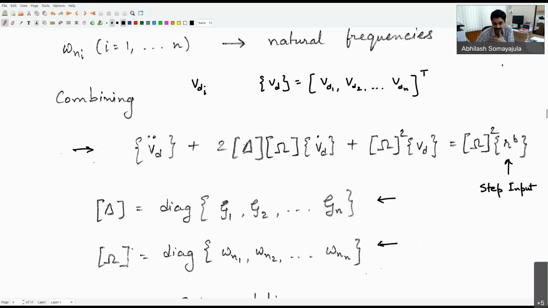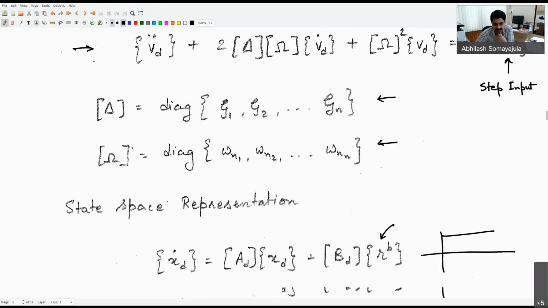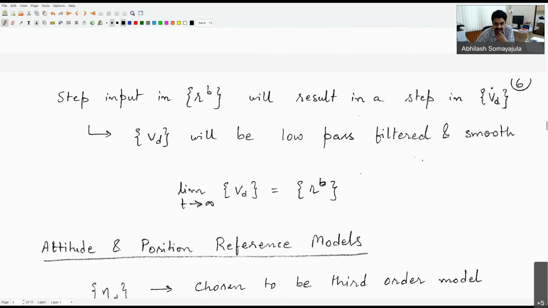So the low-pass filter is designed, or its gains are designed, in such a manner that a step input in RB will result in a step input in VD dot. Sorry, in VD. So when I say limit t tends to infinity VD, that should converge to RB. There is a mistake here. There should be no dot here.